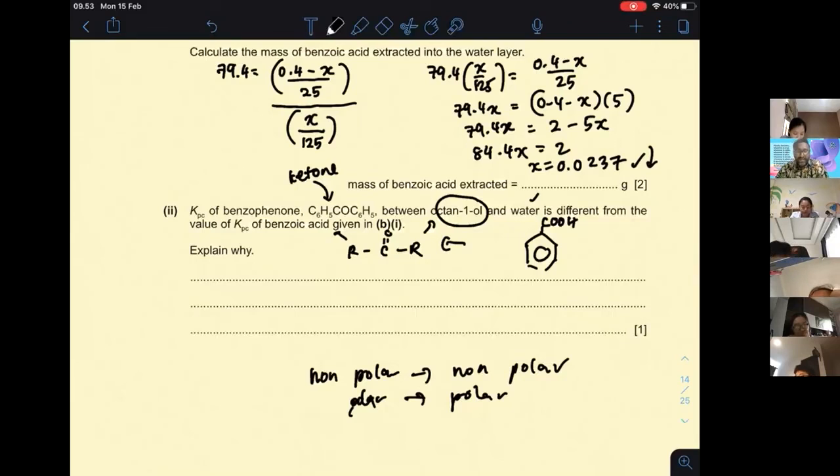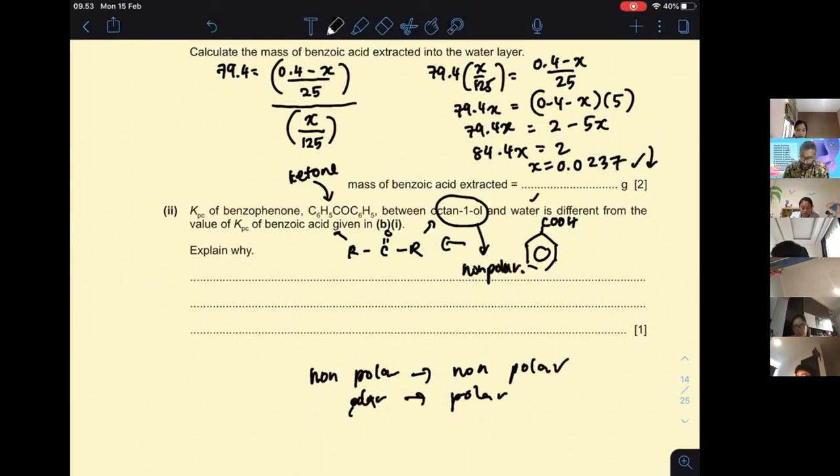Why? Because the increase in the number of carbon makes it like an aliphatic structure. We call it aliphatic because it's a long carbon chain. If you have a longer carbon chain, it is going to become non-polar. So here, this is going to be considered non-polar.